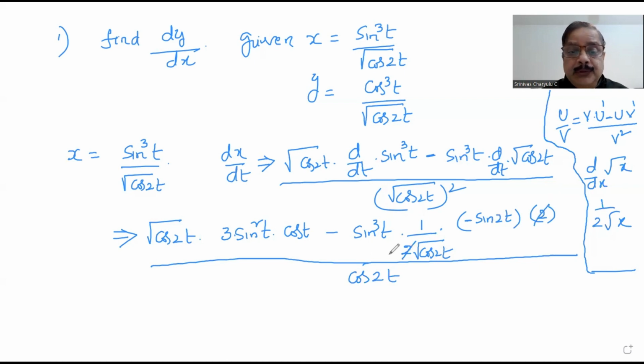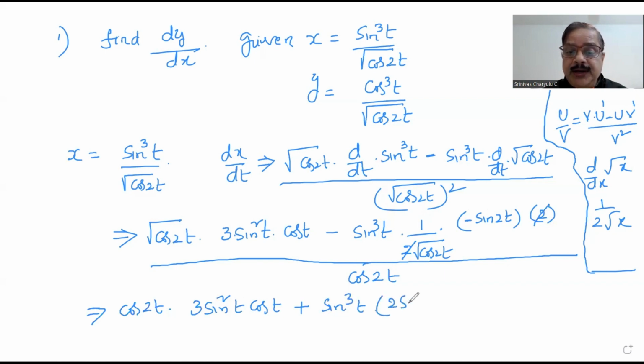Now you multiply root of cos 2t, LCM we are doing in the numerator side. So that will become root cos 2t into root cos 2t will become cos 2t. This 3 as it is. Sin square t cos t, minus into minus plus into sin cube t into sin 2t.